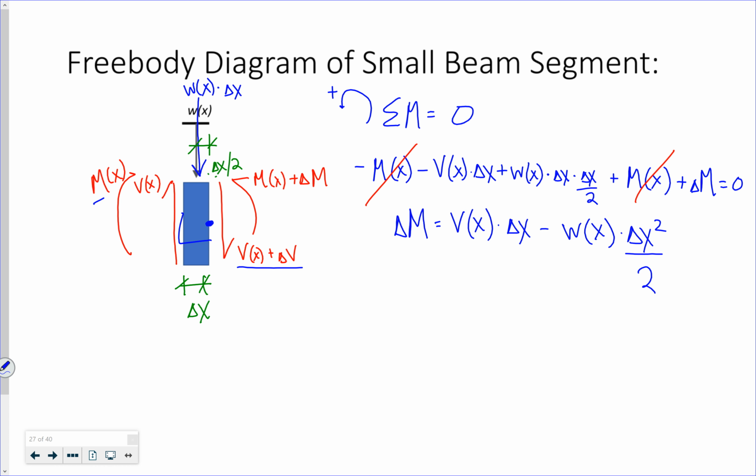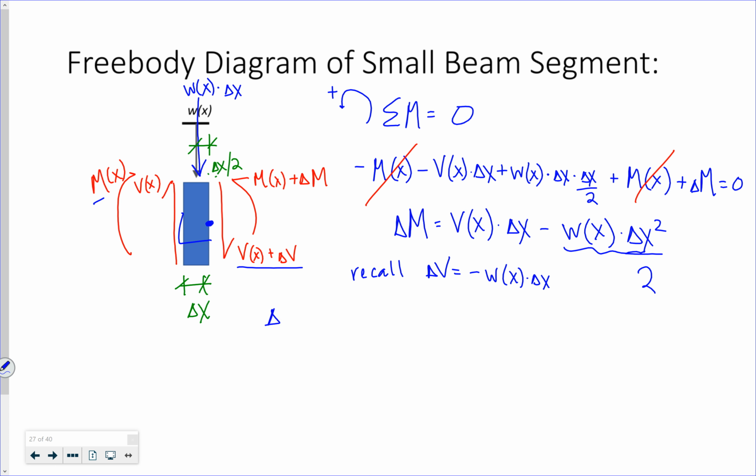Now, if I recall, delta V is negative w delta x. So I'm going to replace part of that.